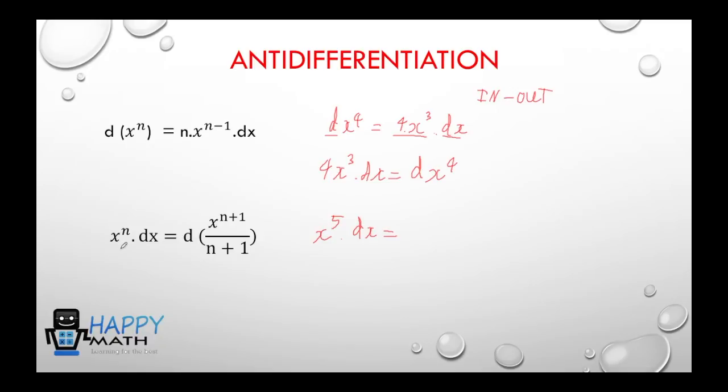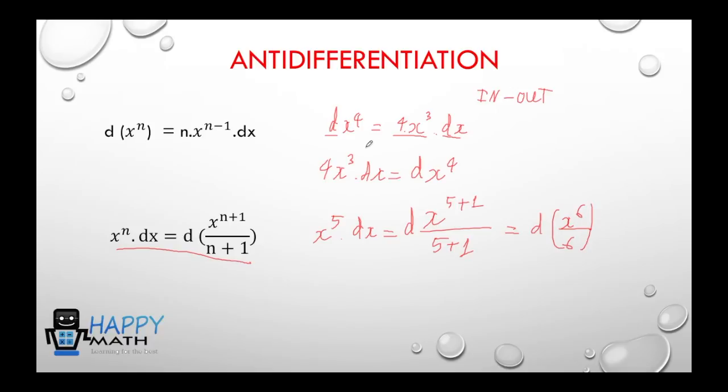Apply this formula, and you will get d of x power 5 plus 1 over the same number, 5 plus 1, and this will be equal to d of x power 6 over 6.